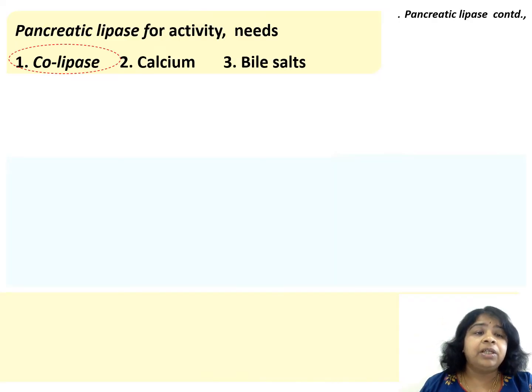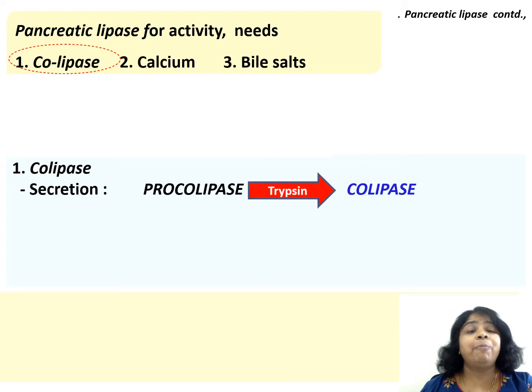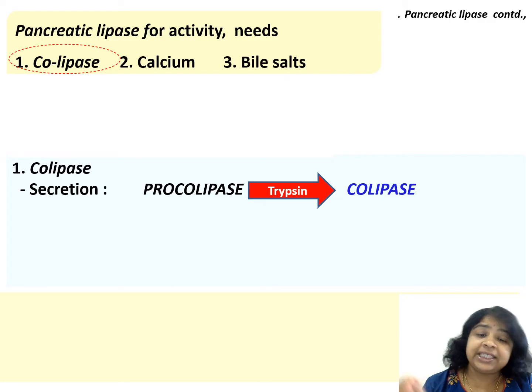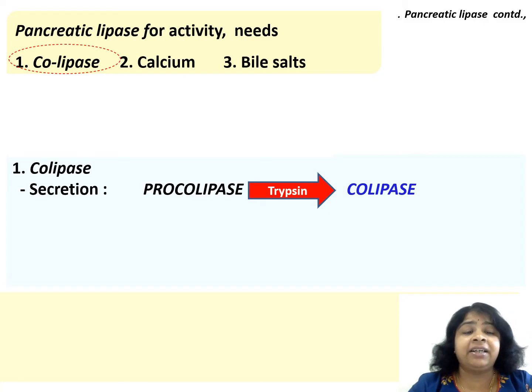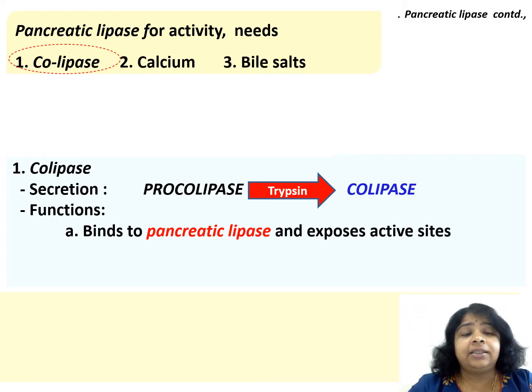So what is the function of colipase? How is it synthesized? Colipase is synthesized in an inactive zymogen form, that is as procolipase, which is acted upon by trypsin. Trypsin will hydrolyze a few amino acids, remove these amino acids and convert procolipase to colipase. Function is, this helps in anchoring pancreatic lipase onto the micelles that are formed later.